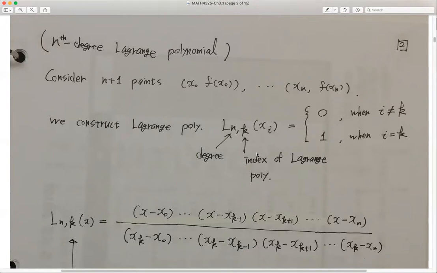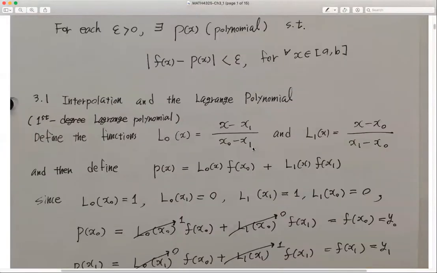What does that mean? Back to the linear polynomial: L0 and L1 for the degree 1 Lagrange polynomial. We got two Lagrange polynomials, right? So the subindices 0 and 1 represent the index of the Lagrange polynomial.